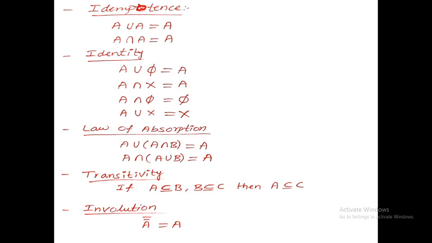Next one is the identity property. Under this property, A union pi, where pi is the null set, is equal to A. If something is unioned with null, that something only is obtained. If something is intersected with the universe of discourse, intersect meaning the common part only, that something only is obtained. That is A intersection X, where X is the universe of discourse.